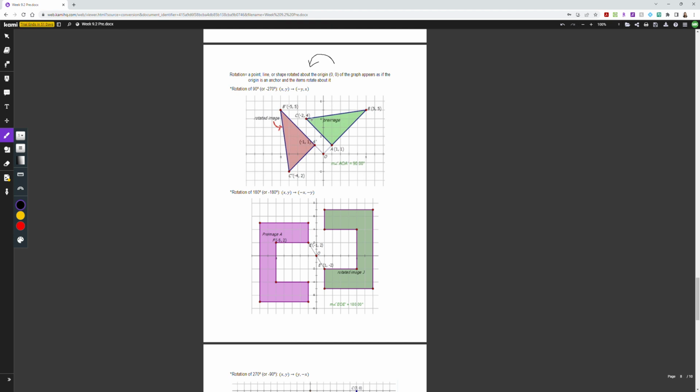so for my x coordinate of my image is going to be negative y of my y coordinate of my original, right? So in this case, I'm going to take 4, and I'm going to make it negative. I'm going to flip the side, so it becomes -4. That means the x-coordinate of my image is going to be -4. And then the y-coordinate of my image is going to be the x-coordinate of my original.